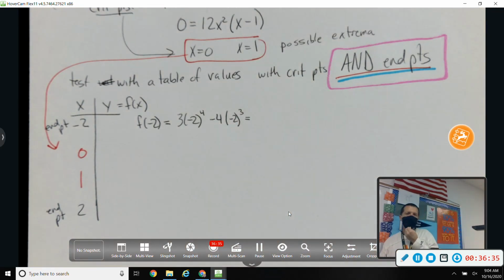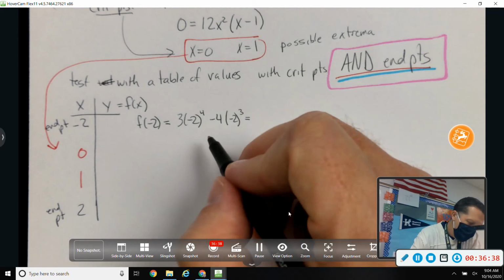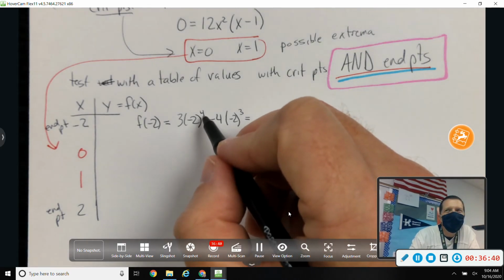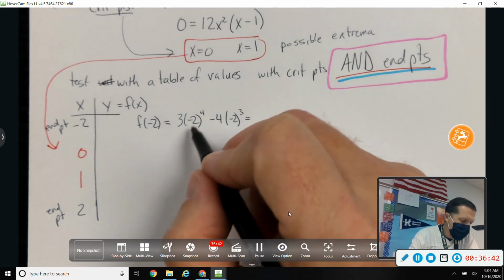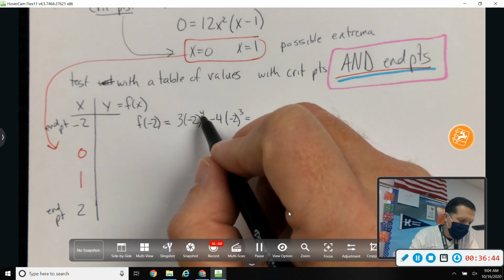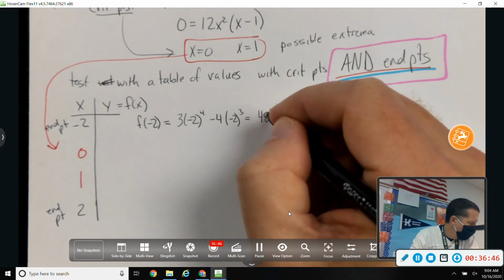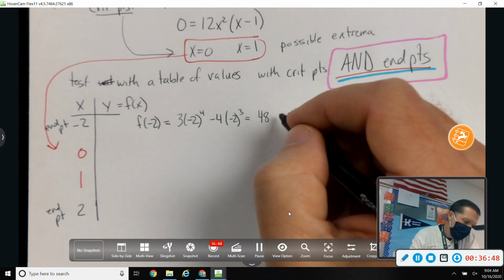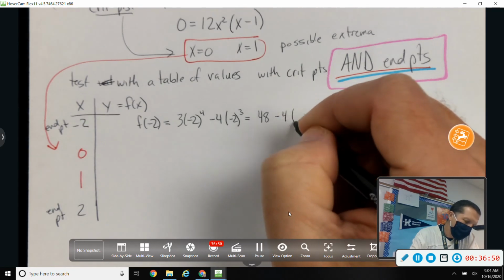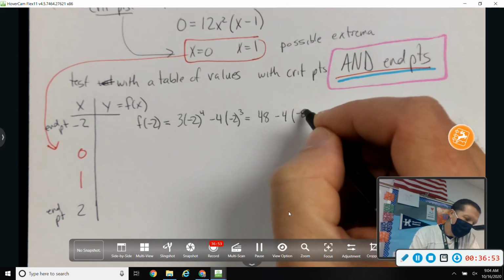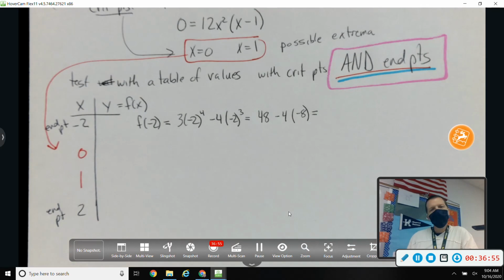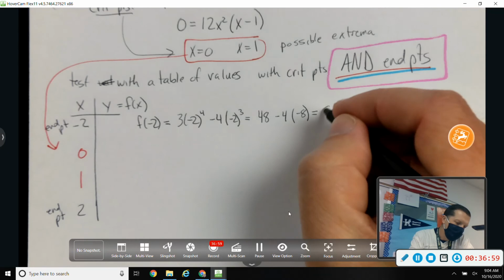Well, that's kind of a pain, but let's see, 2 to the 4th would be 16. Yep, times 3 is 48. Minus 4 times -8. Let's see, 48 and 32 make 80.